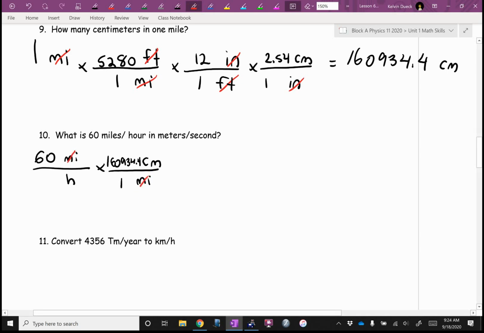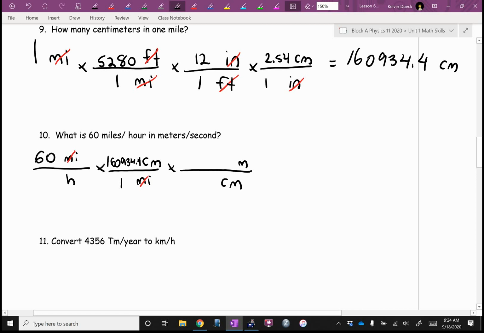So if I stopped here, this would be centimeters per hour. I need to get rid of centimeters. Where is it going to go in my next fraction? What am I going to put on the top? What's the conversion factor between centi and meters?